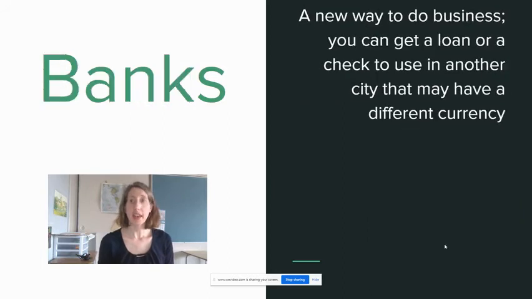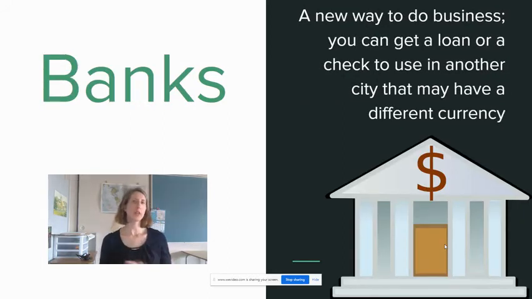At the same time, banks start to develop. This is a new way to do business. There was such a demand for products that merchants would have to borrow money to go buy the product and then come back and sell it, and then they would pay the bank back. The banks also exchanged money. Money was not universal, so they would exchange, say, Turkish money for Italian money, for French money, and all these coins would go to different places.